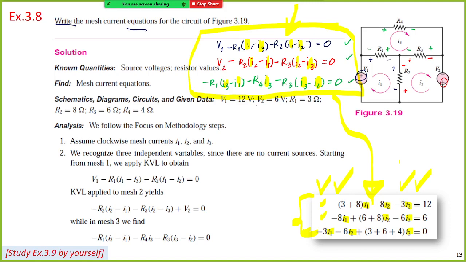But it depends on how many equations will come out. If you do it correctly, the number of equations and the number of unknowns must be the same. Just apply KVL, just apply KCL for nodal analysis.